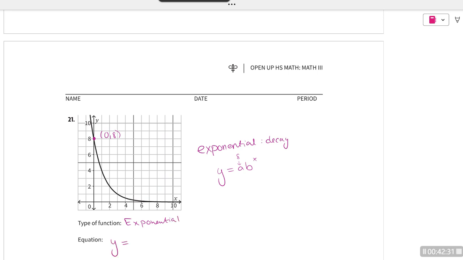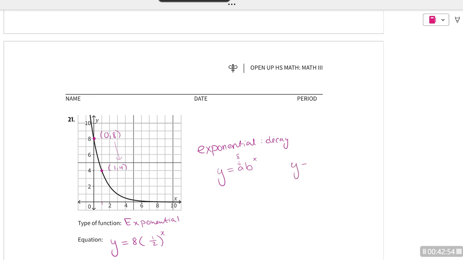So at y equals 8, now we need to find our b value, our growth factor. So here I can see this point looks pretty clear right there, 1, 4. So we went over 1 and we went down by half. So that means my decay, since that only went over 1, must be 1/2 to the x.